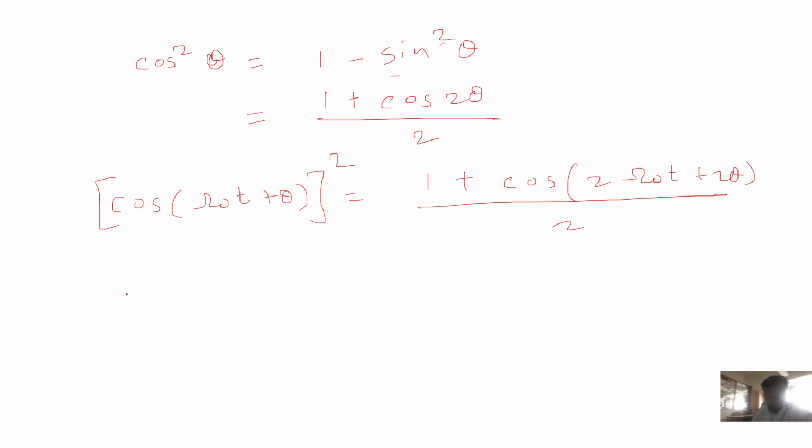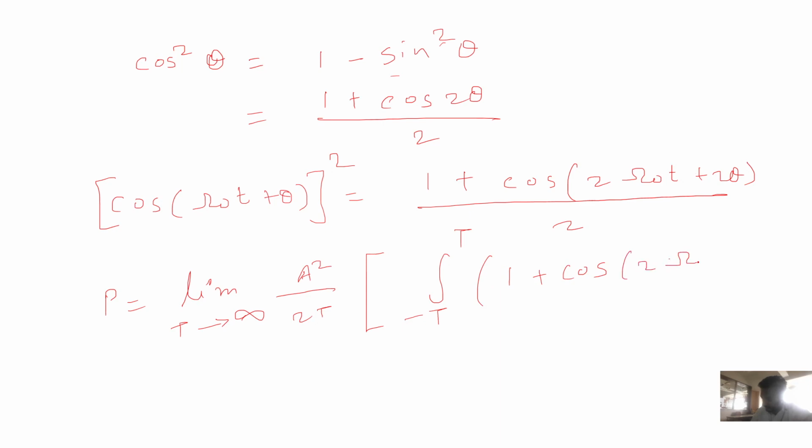Power is equal to the limit as T tends to infinity of A squared by 2T, in brackets, integration from minus T to T of (1 plus cos(2 omega 0 t + 2 theta)) divided by 2.